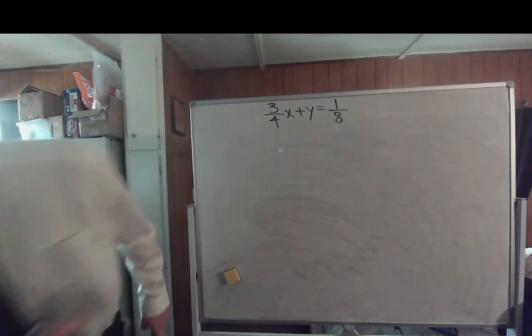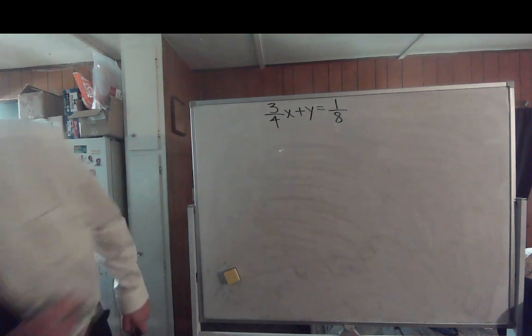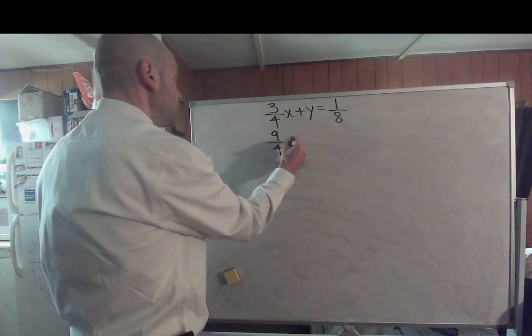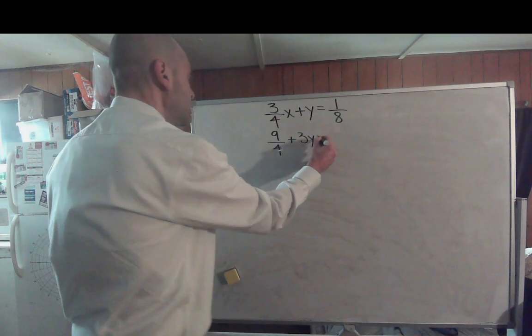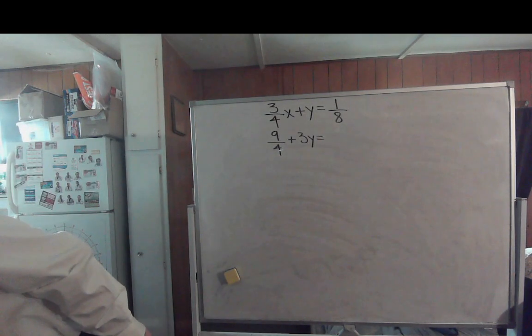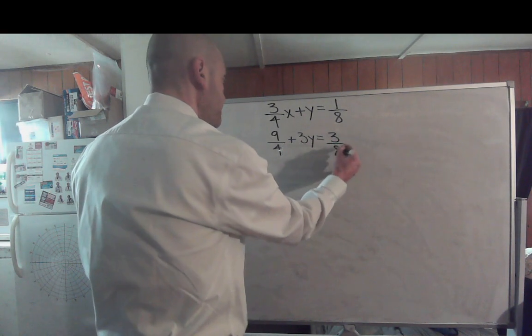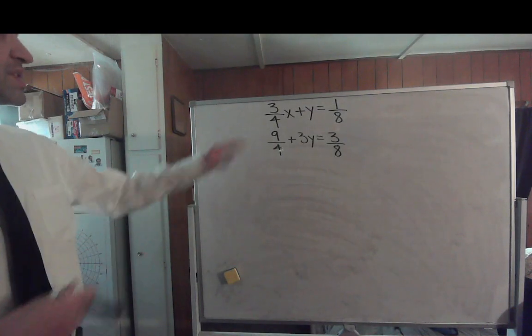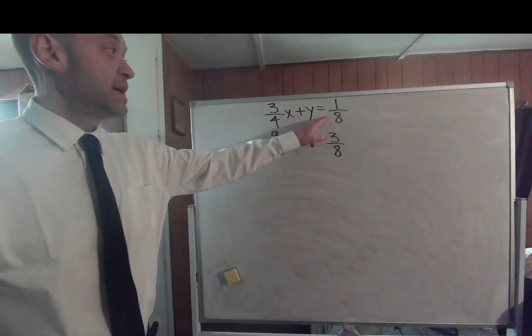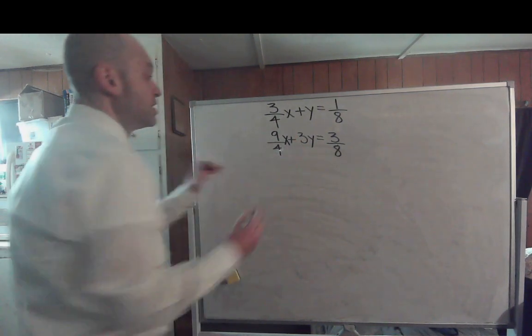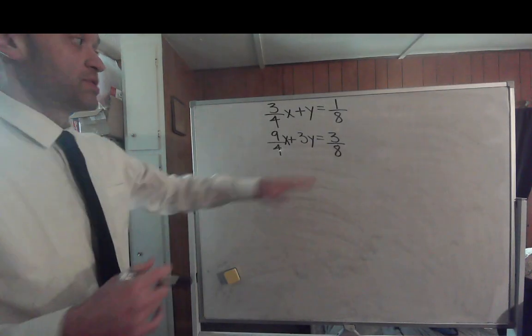And then you have 9/4 x plus 3y is equal to 3/8. So 3/4 x plus y equals 1/8. That should be 9/4 x plus 3y equals 3/8.